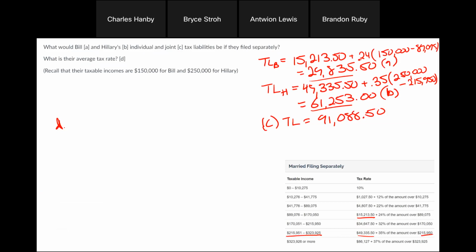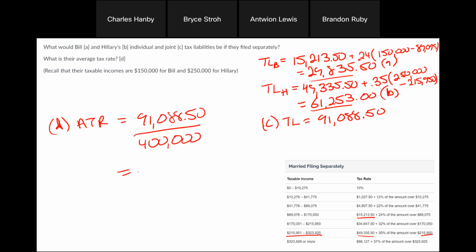Then D, their average tax rate. That's the 91,088.5 divided by their taxable income of $400,000. And that is 0.2277 or 22.77%.